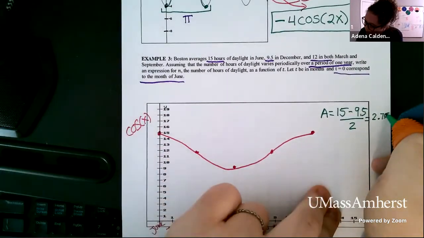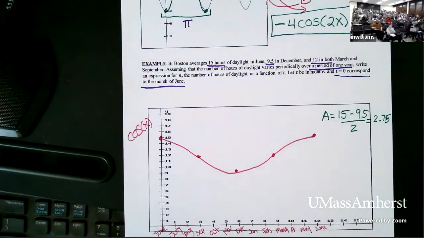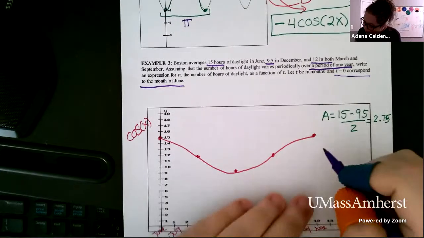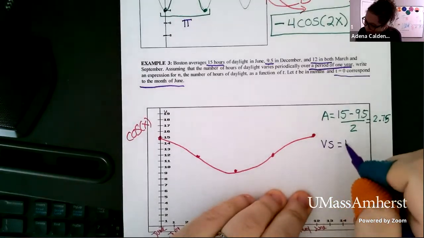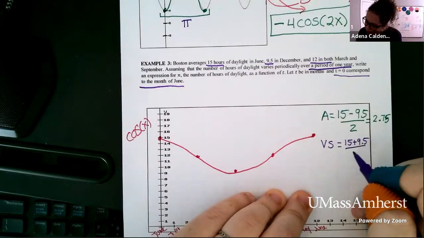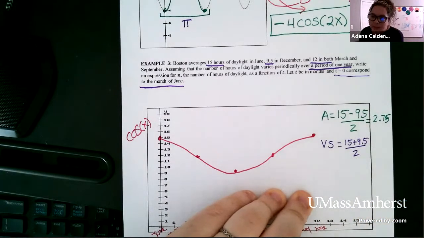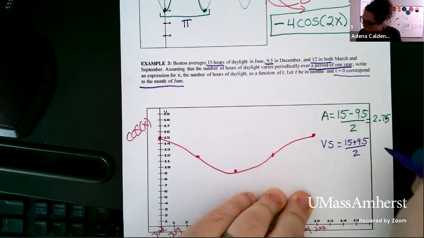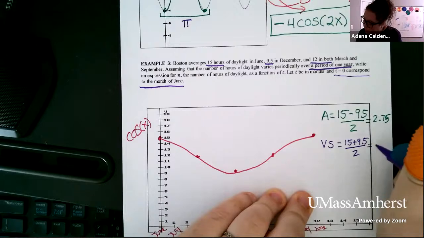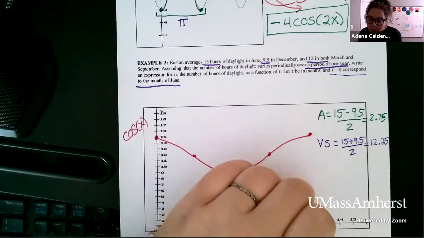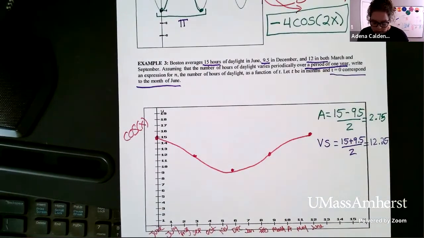Okay, so my amplitude is 2.75. My vertical shift, I'm going to add these. So 15 plus 9.5 divided by 2. When I do that, I get 24.5 divided by 2. That's going to give me 12.25 is my vertical shift.